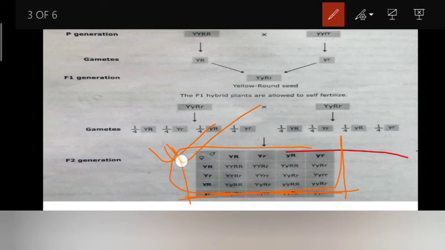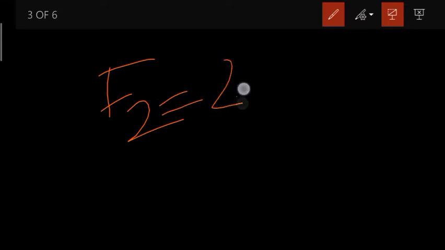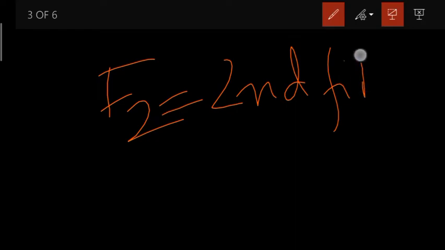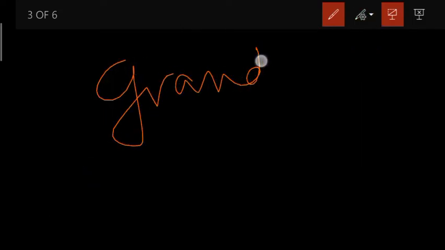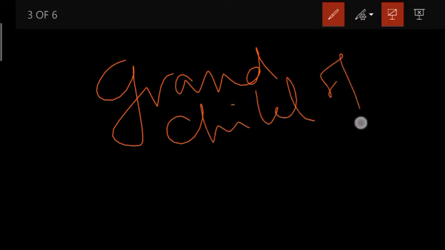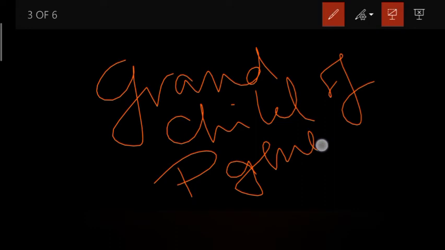The use of a Punnett square helps to demonstrate all 16 possible combinations of these gametes. So let's see, what about the F2 generation? The F2 generation is the second filial generation, which are the grandchildren of the P generation.